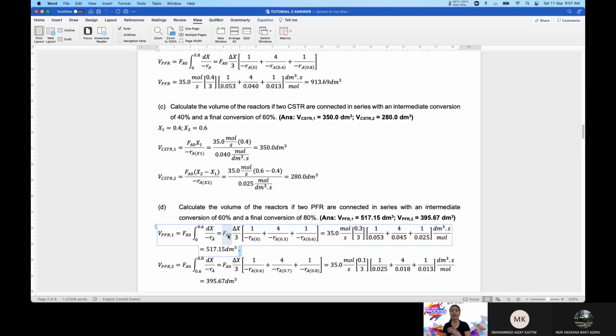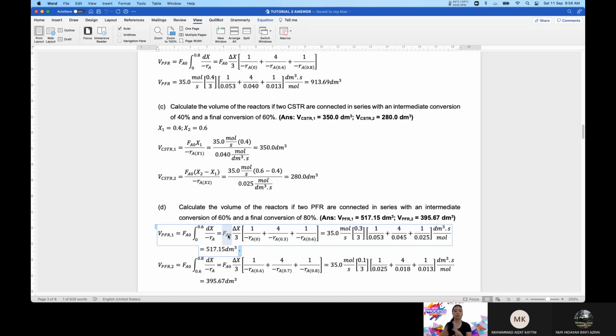Dan kita pergi pula delta X. So delta X pun saya I will always explain repeatedly sebab takut student confused. So delta X, beza dia, initial to middle, 0 kepada 0.3, beza dia adalah 0.3. 0.3 kepada 0.6, beza dia pun 0.3. So delta X dia 0.3 means kalau kamu pilih nilai X tengah yang betul, beza di depan, beza di belakang akan sama. Okay, kalau kamu tak dapat sama, kamu kena check balik. Dapat betul tak middle X kamu?